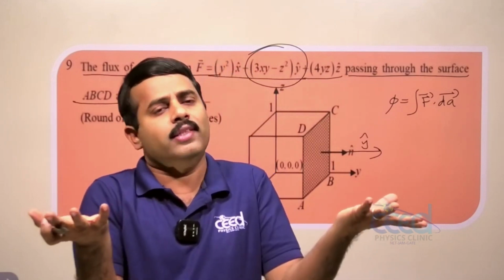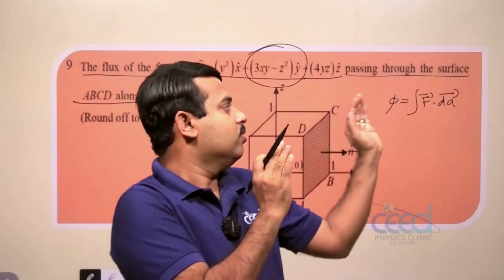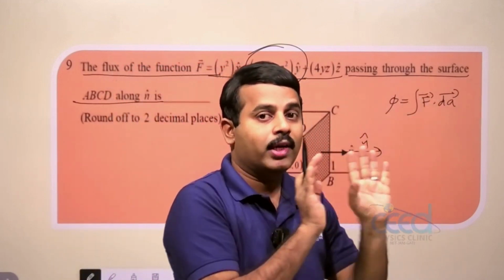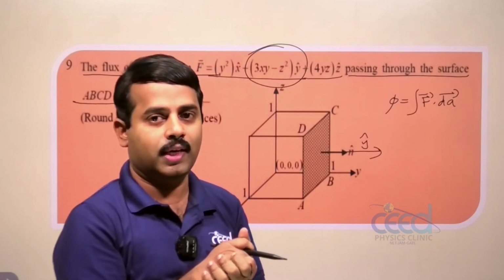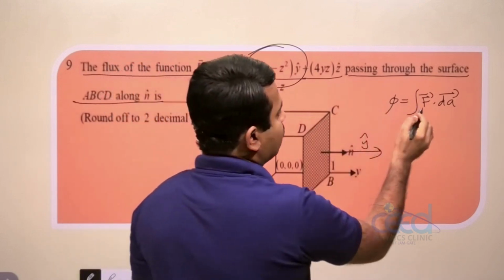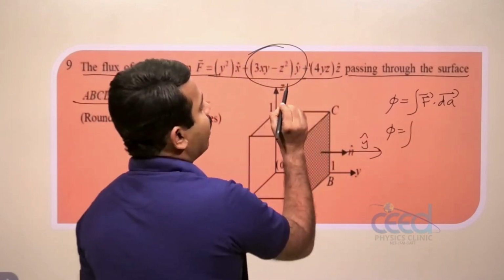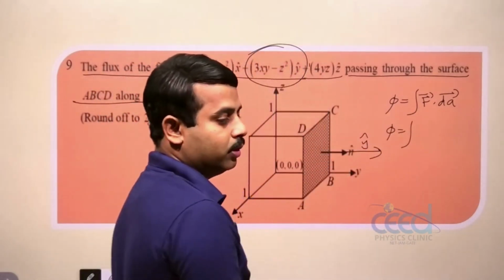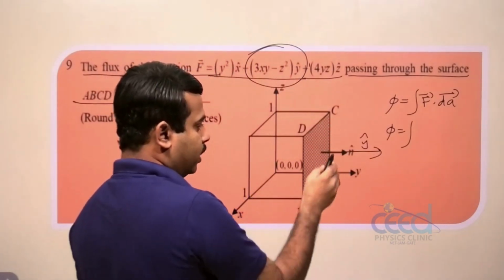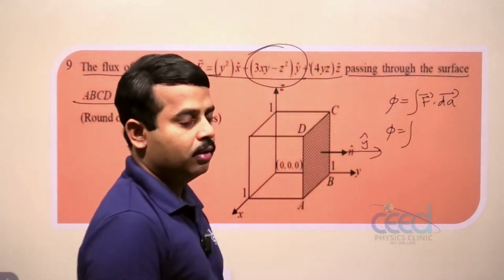Why are we doing like that? That is the field passing through that particular area, normal to that surface, right? So here what is the field? Flux is equal to integral; this particular ŷ direction field only I require, because through this face this is the normal component, right?